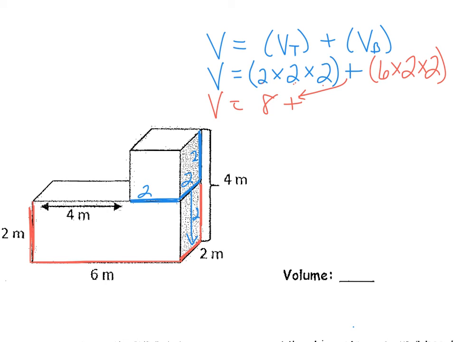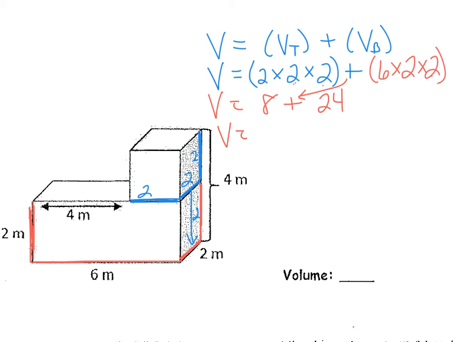Now I'm on the volume of my bottom structure. 6 times 2 is 12. 12 times 2 is 24. So now the volume is 8 plus 24.